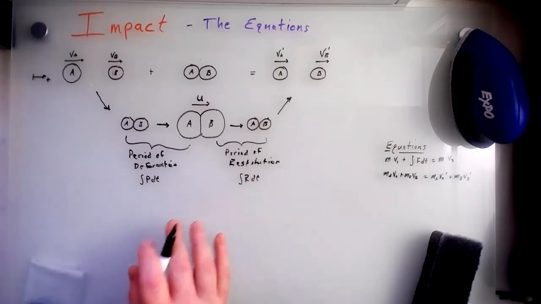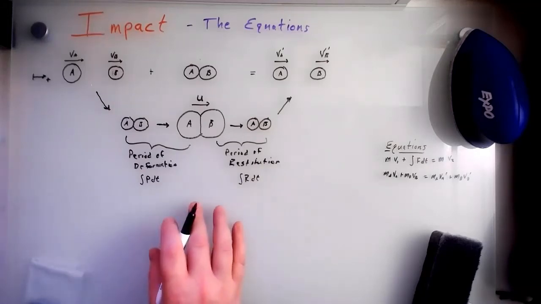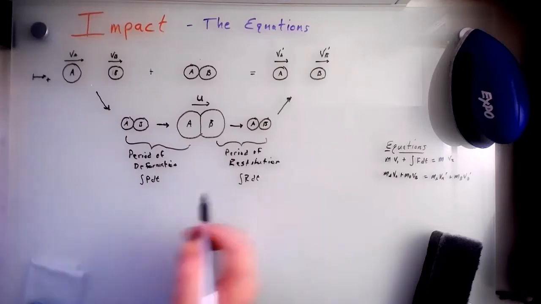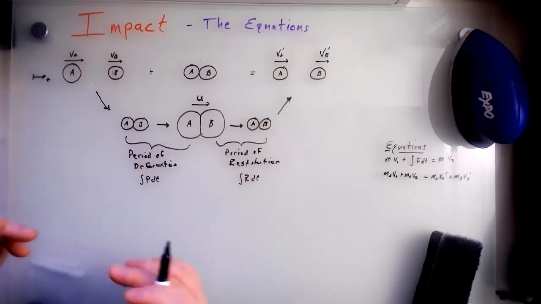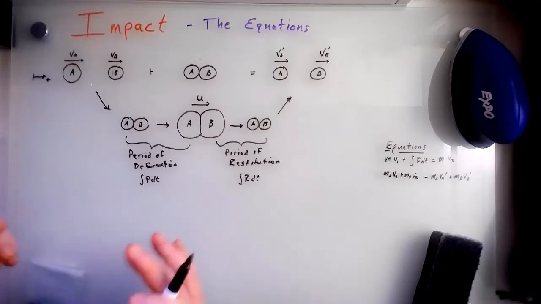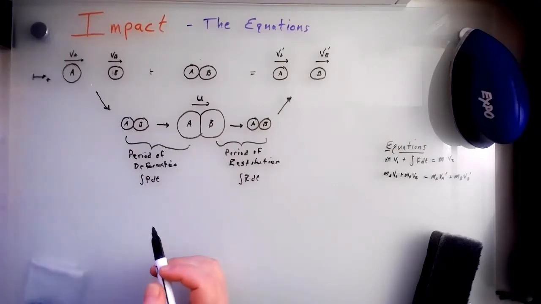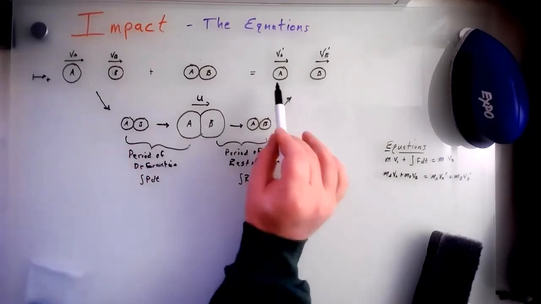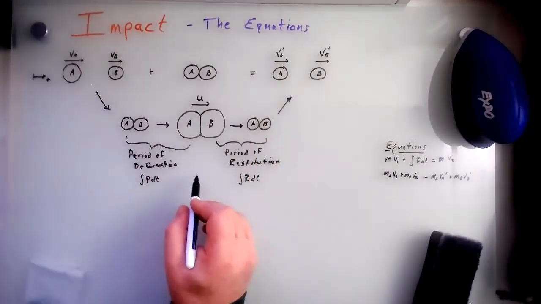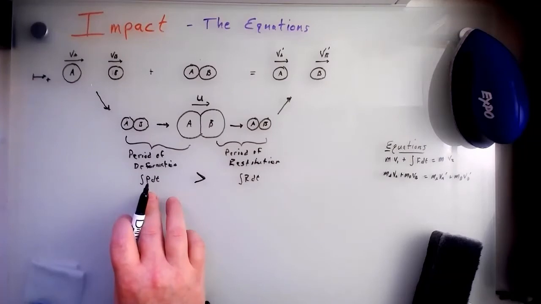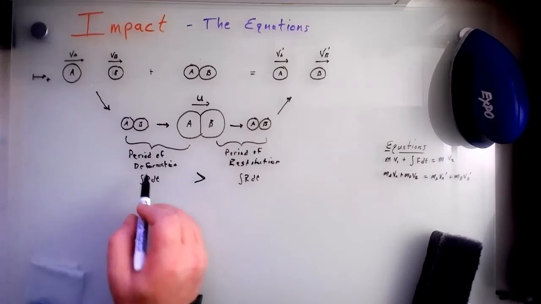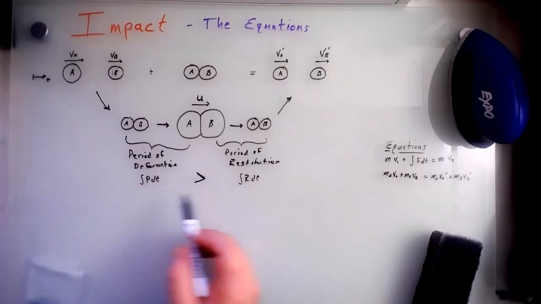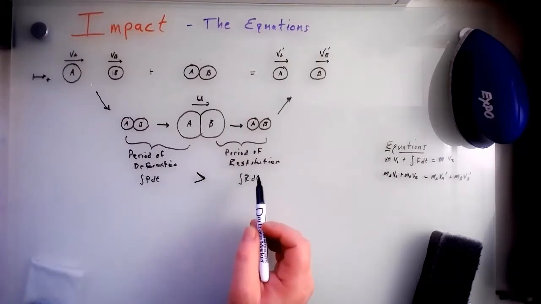One of the properties: if you imagine an impact, when things impact, they release sound. You can hear things crashing together, which means that there's more energy here than there is here. And by extension, one of the rules of physics is that the impulse during the period of deformation is always greater than the impulse during the period of restitution.